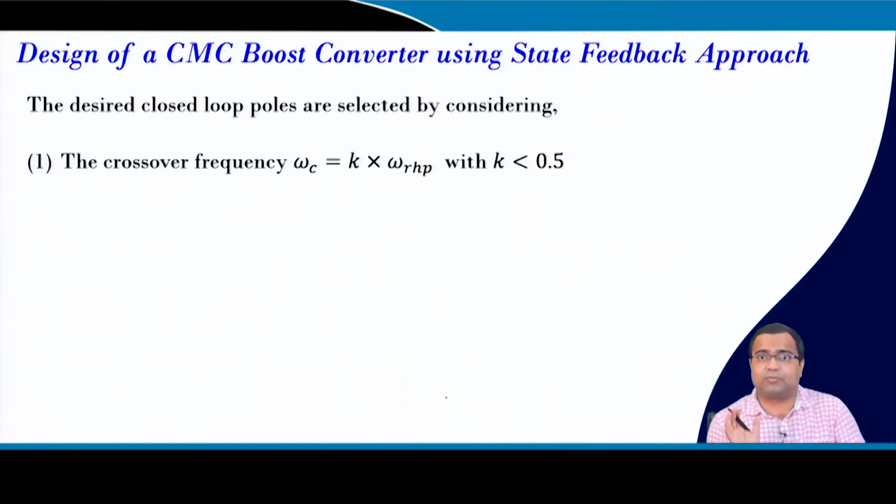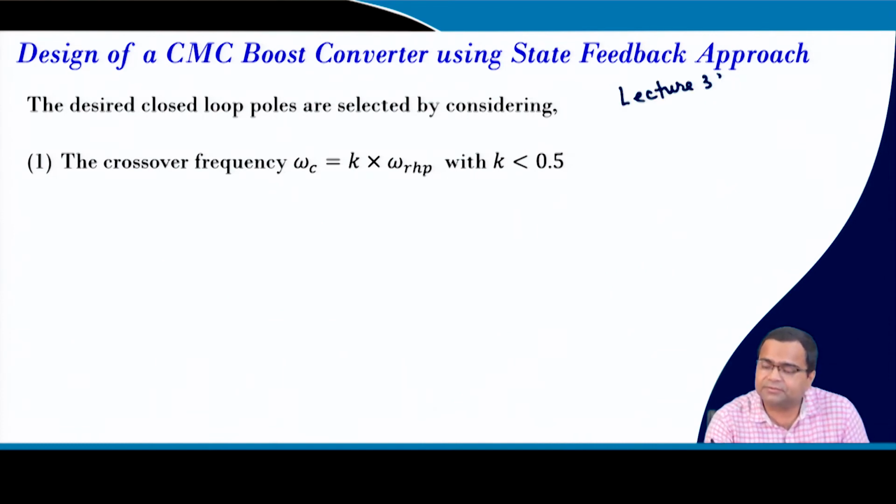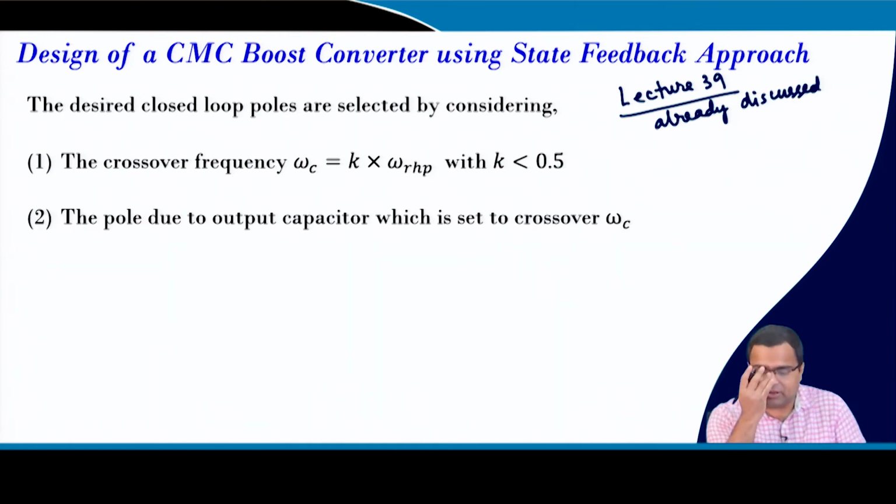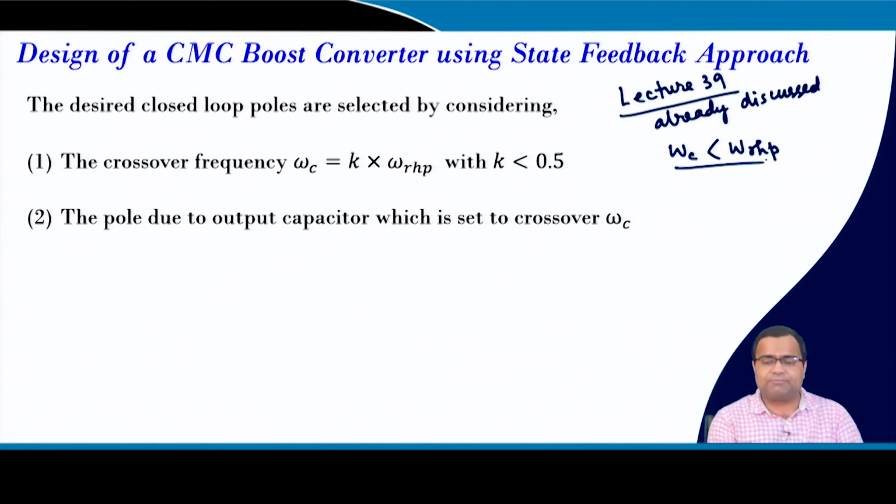And this case study we have already discussed in lecture number 39. So, I am repeating, and generally our crossover frequency should be smaller than RHP0, but here if we choose, let us say, 0.5, nearly that.